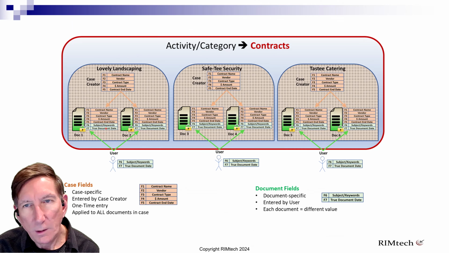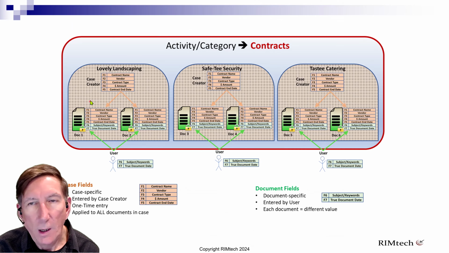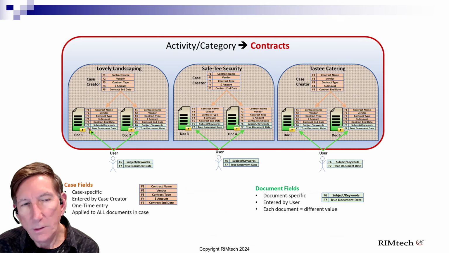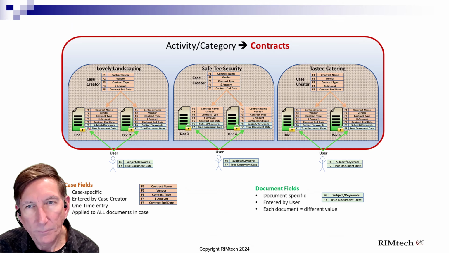Of those 7 columns, 5 are different in behavior than the latter 2, F6 and F7. The first 5 fields, F1 through F5, are called shared columns. Columns F6 and F7 are non-shared columns.